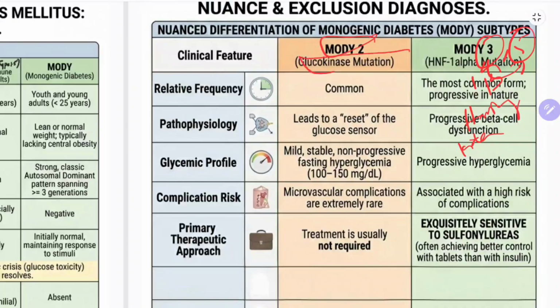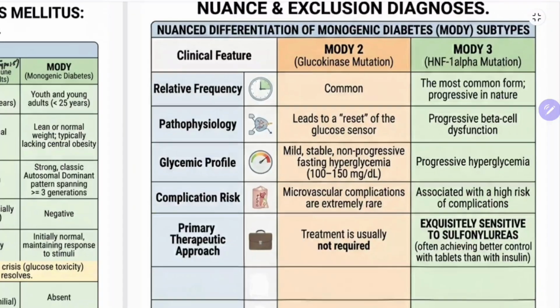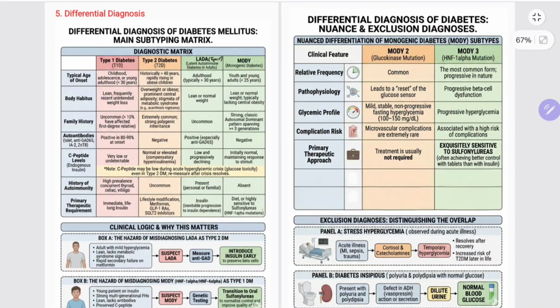MODY 2 is just a glucokinase mutation, and patient will have mild stable fasting hyperglycemia, which is less than 153 milligram per deciliter, which will not react to any oral antidiabetic agents or insulin also. So treatment is usually not required in case of MODY 2. That's all. We should remember that only. The more important thing is this table which I explained. This whole stuff is very much important.